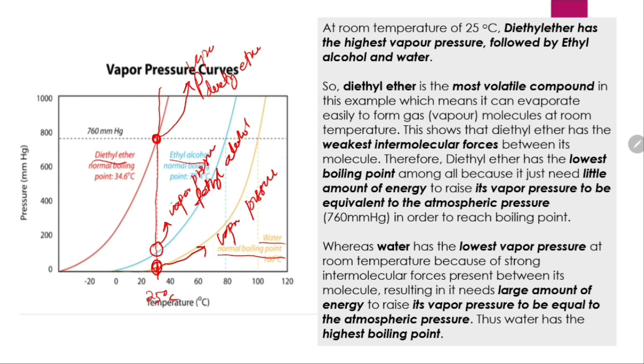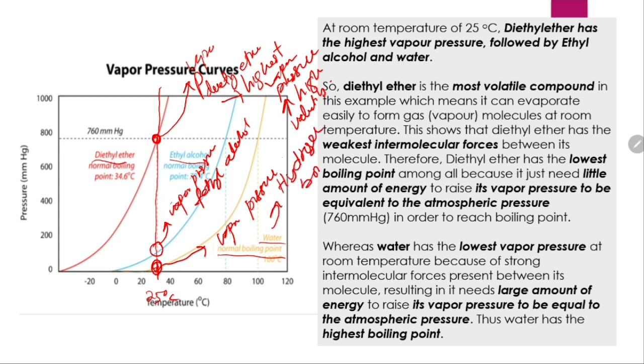What you can say is, diethyl ether has the highest vapor pressure. Highest vapor pressure means it has high volatility, followed by ethyl alcohol and water. Why do you think so? Because water is held together by hydrogen bond.